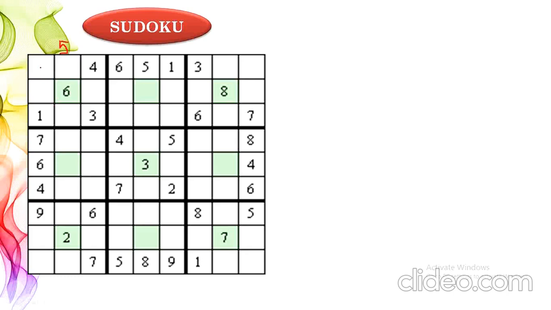If I start from this cell, I will have 5 possibilities, 5 chances, and after filling the first cell, I will have 4 chances. After filling the second cell, for this cell, I will have only 3 options. For this cell, I will have only 2 options. For this cell, I will have only 1 option.